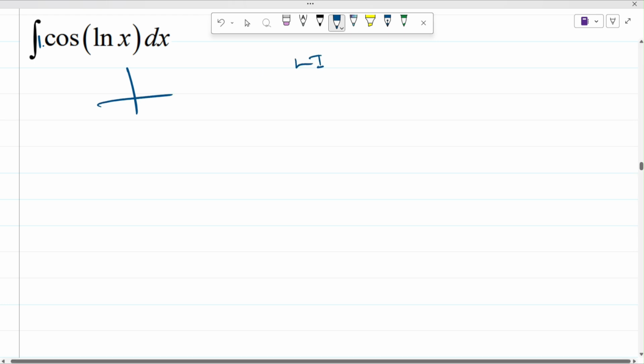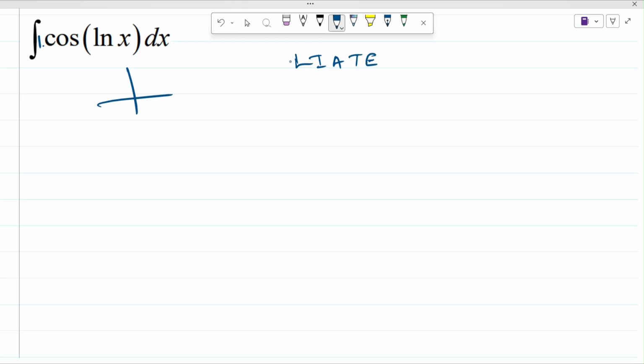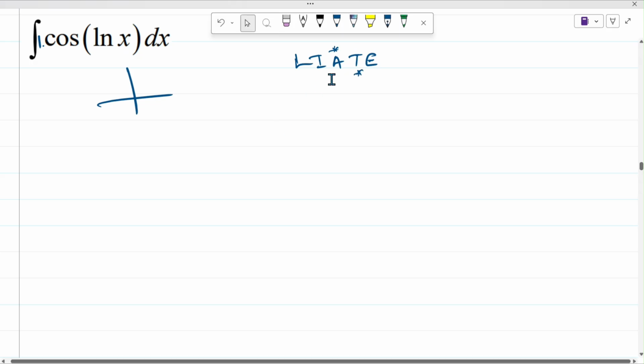If we were to apply LIATE directly here, we're going to have this problem. We've got an algebraic function and a trigonometric function, you understand? According to the LIATE order, the function that comes first, we differentiate it, and the function that comes last, we integrate it.